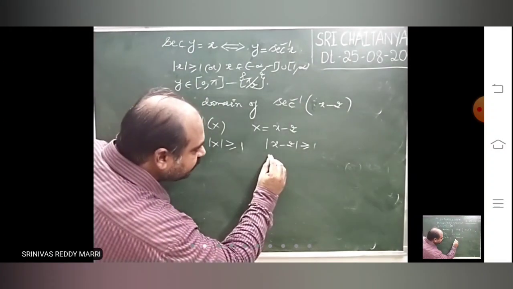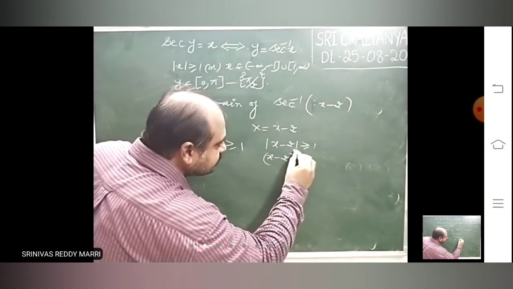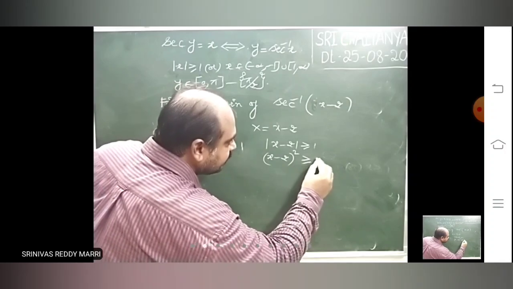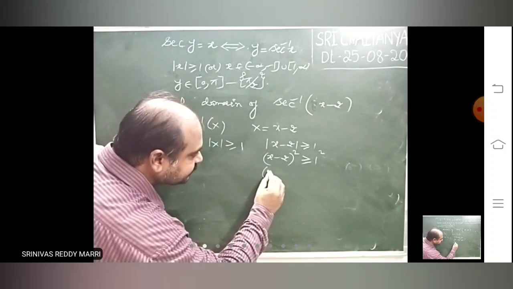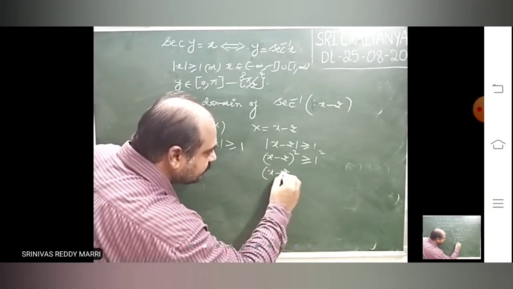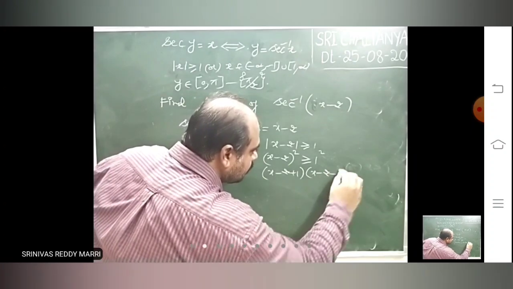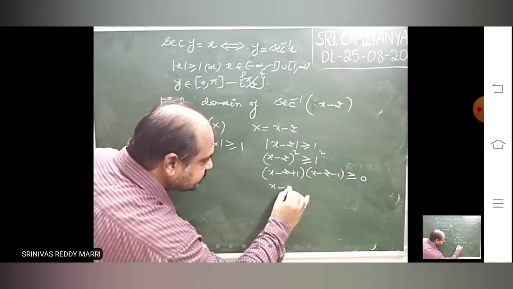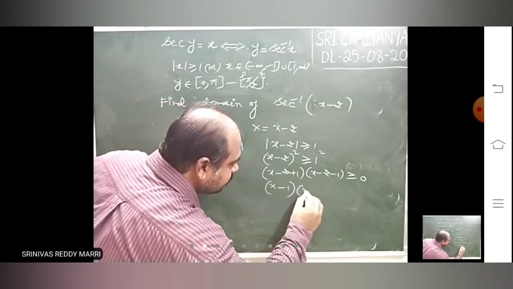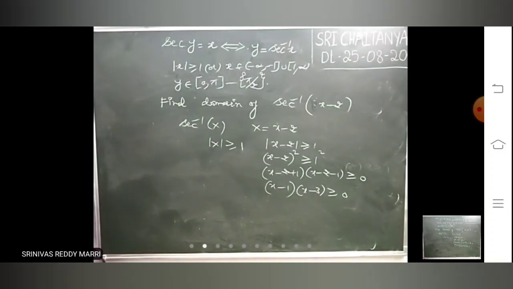Now look, squaring on both sides: x minus 2 whole square greater than or equal to 1 square. Bring this side and write a minus b into a plus b. That means x minus 1 into x minus 3 greater than or equal to 0.